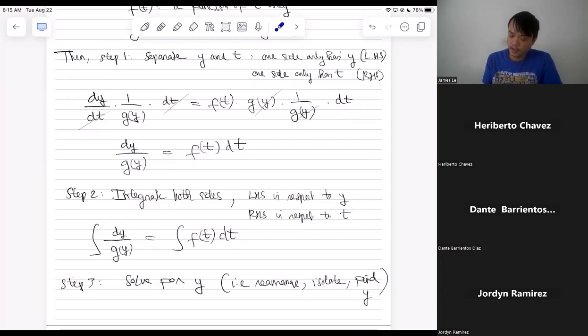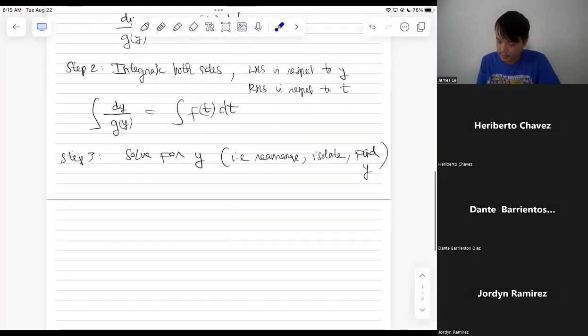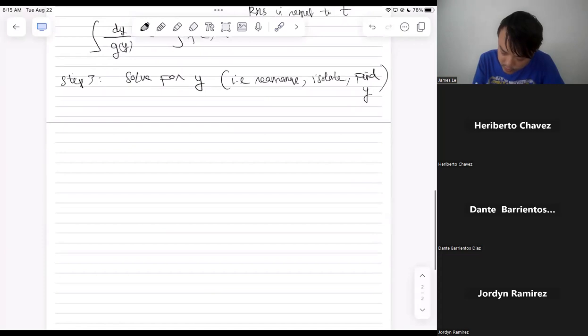So if you integrate, one side you have t, and it doesn't make sense. So make sure one side is only y and one side has only t. Okay, so let's do an example to see that.